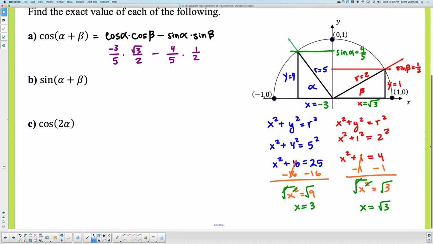When you multiply all the way across, they have a common denominator. What's my denominator all the way across? What's my denominator here? 10 and 10. Negative 3 square root 3. You cannot add and subtract square roots, so I'm going to just leave it like that. Minus, what's 4 times 1? 4. That's my answer right there. Very weird answer, but that's what it is.